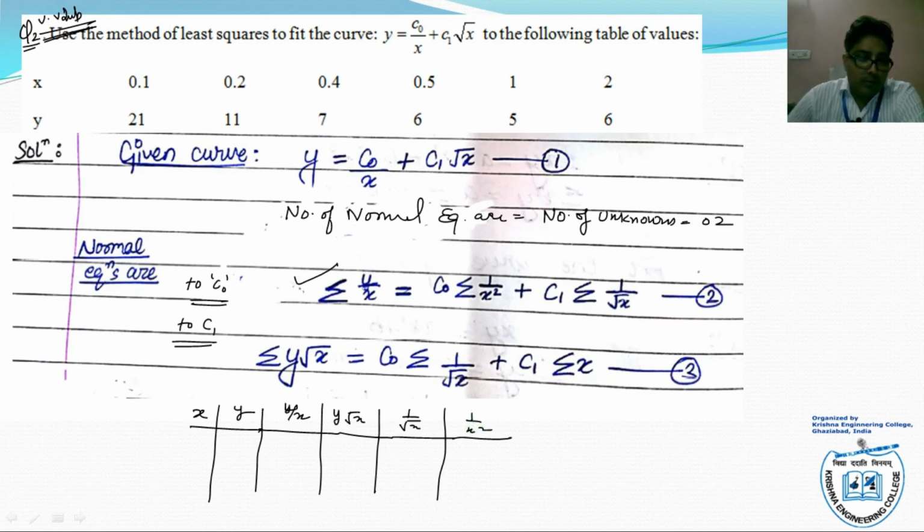So construct the table on the next page. We need the following terms: sigma x, summation x, and sigma y upon x, sigma y under root x, and sigma 1 upon under root x, and sigma 1 upon x square.